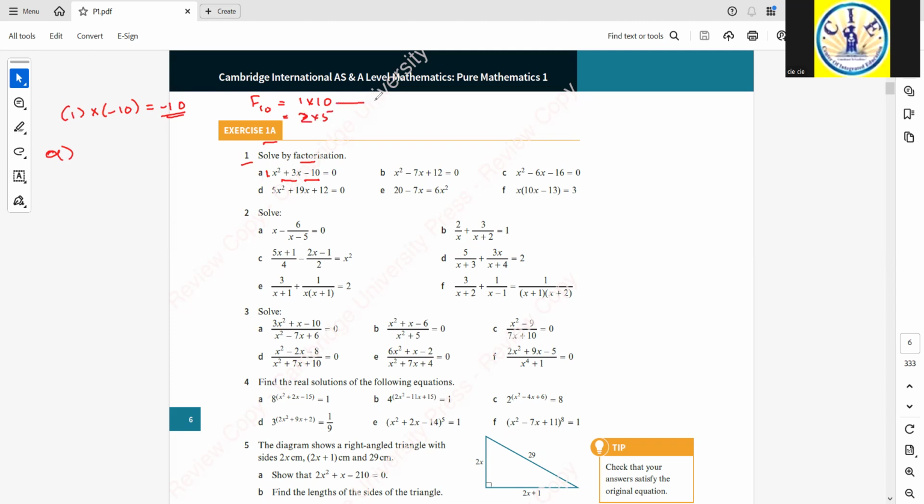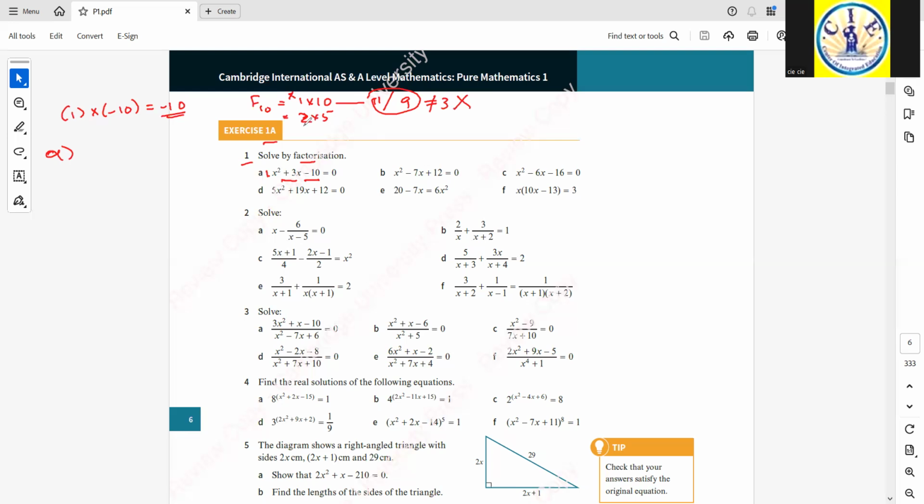Now, if you just add them, you get 11. And if you subtract them, you get 9. 10 minus 1 is 9. So, in both the cases, I do not get the middle term 3. So, that is not equal to 3. So, I am discarding this pair.